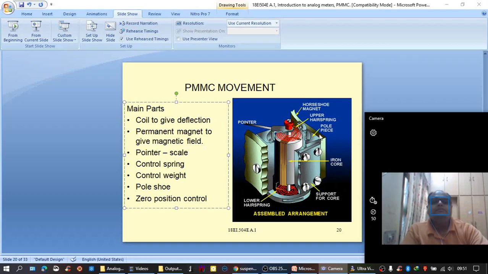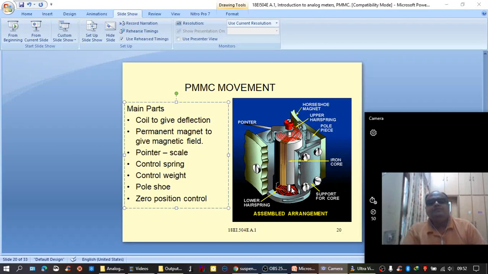Here is the permanent magnet, and the pointer and scale. Here is the pointer. The scale, of course, is not shown here. And the control springs are clearly visible here. One is the upper control spring, the other one is the lower control spring.